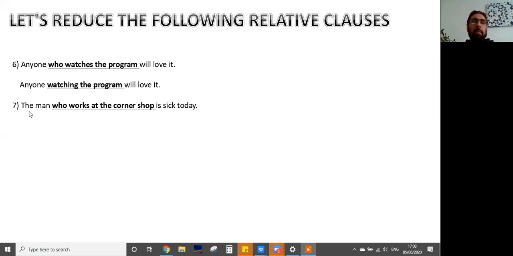Okay. The man who works at the corner shop is sick today. So how can we reduce this defining relative clause here? Number 7.